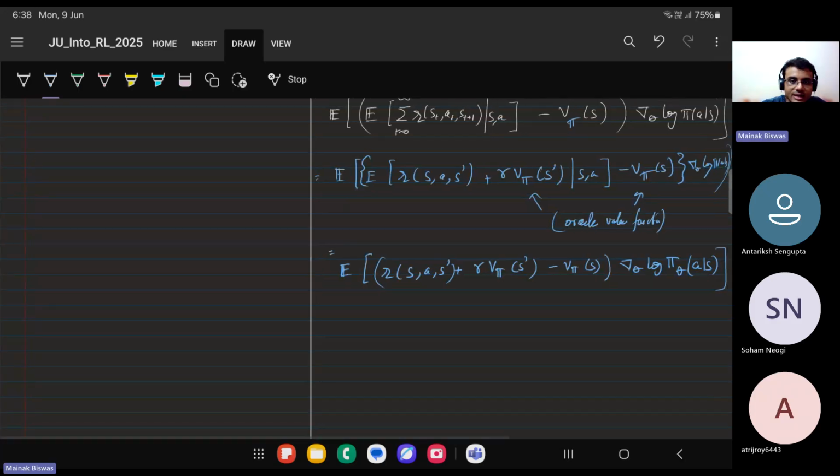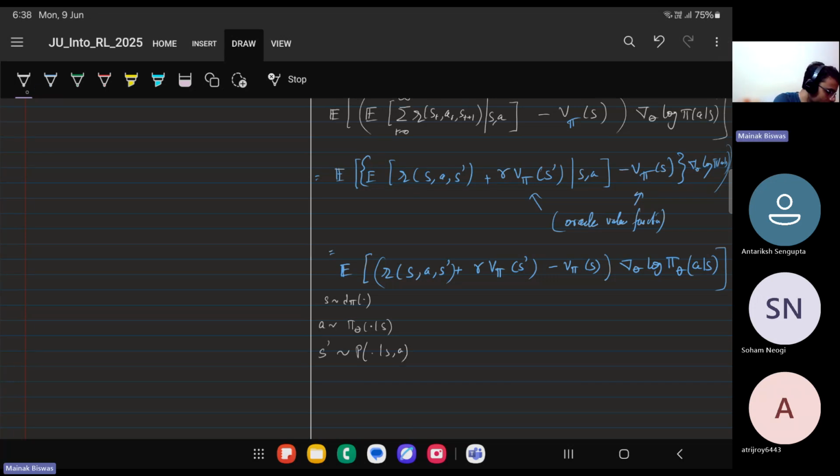Now do you see a resemblance? Tell me all the random variables one by one. S is sampled from D pi. A is sampled from pi theta. S dash is sampled from the MDP. These are the random variables.